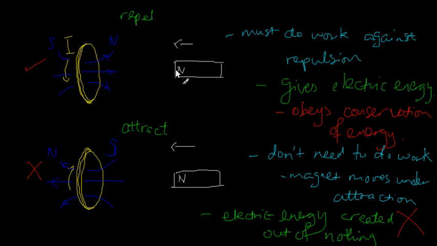If I have a south pole here instead, then that must be a south pole to repel this, which means that the current must go in the opposite direction. So I'll write down a few of these possible cases in a moment. But for now, let me summarize these results.